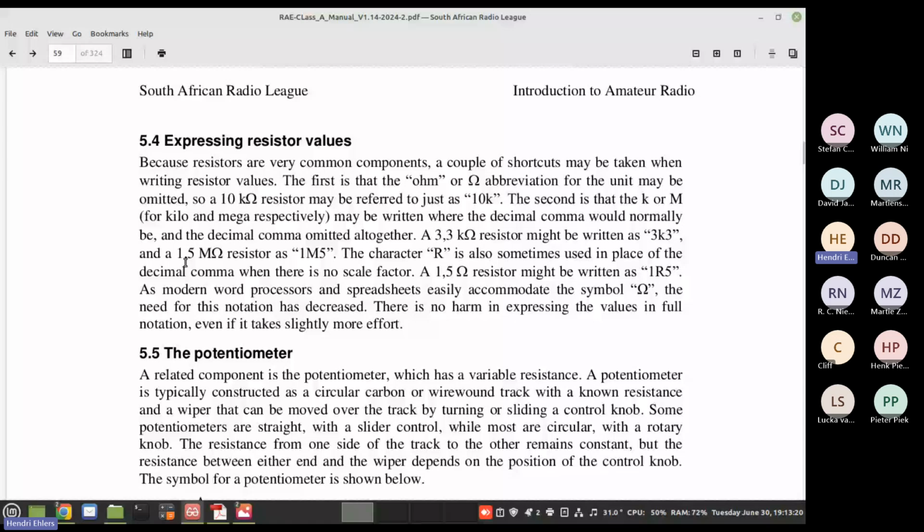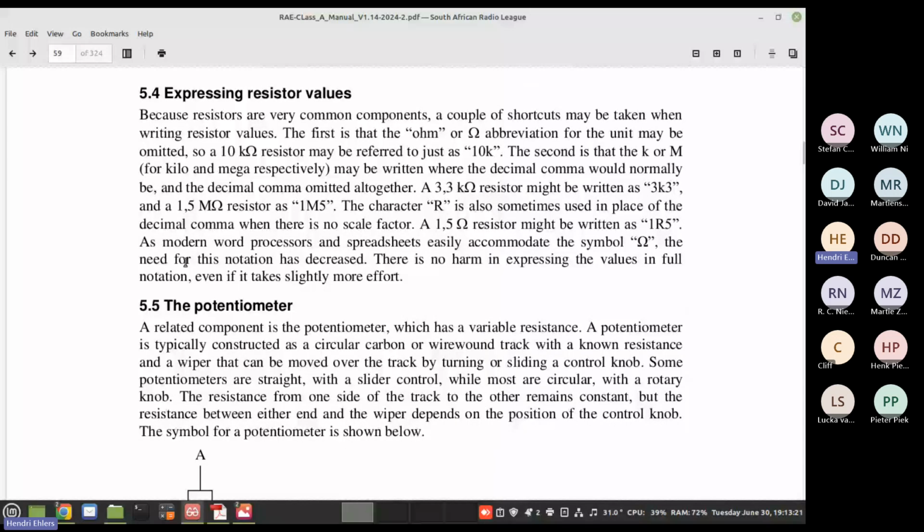Now there's a specific way that we write the values of resistors. So if we have a 10,000 ohm resistor, we don't say we need a 10,000 ohm resistor. We will describe it as a 10K or 10 kilo ohm resistor. If it's a 3,300 ohm resistor, we will describe it as a 3.3K.